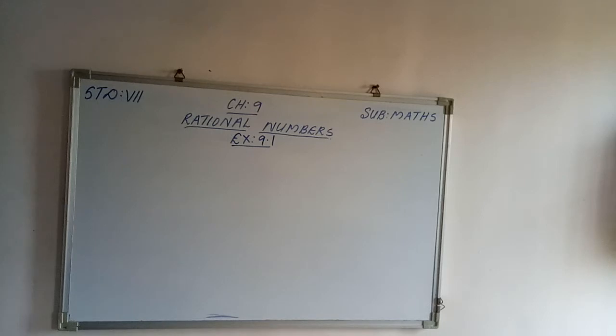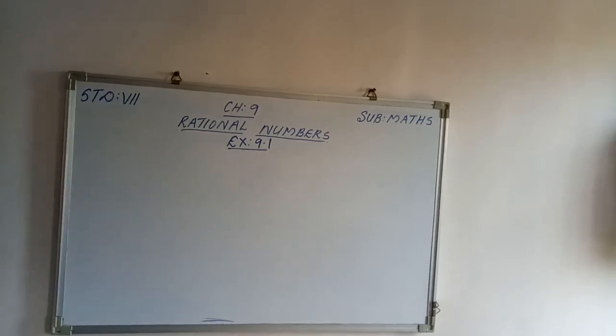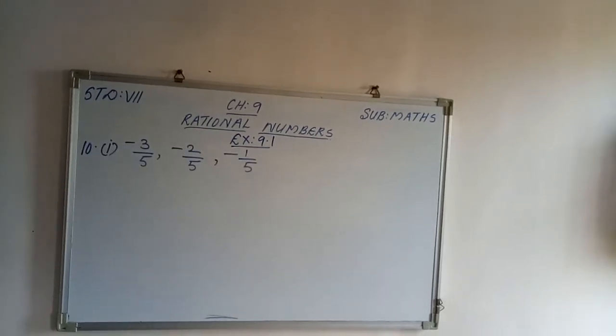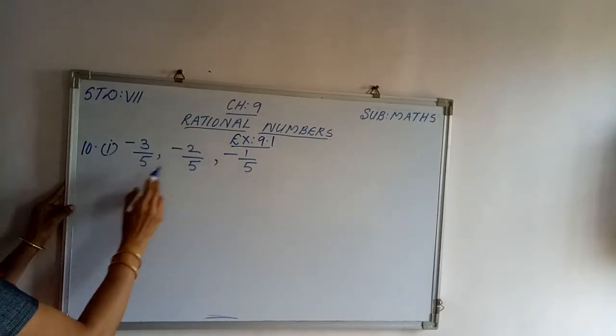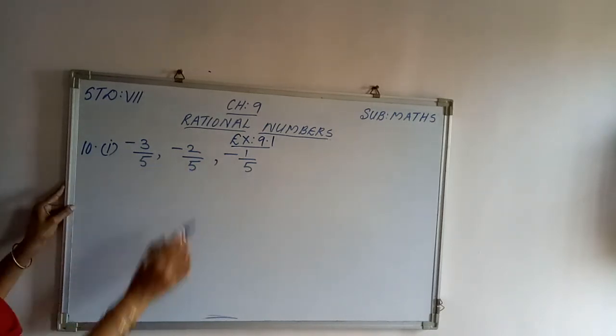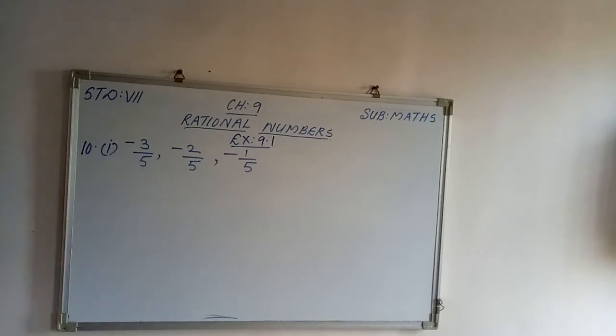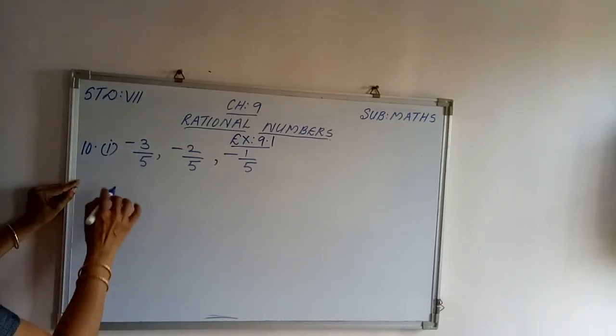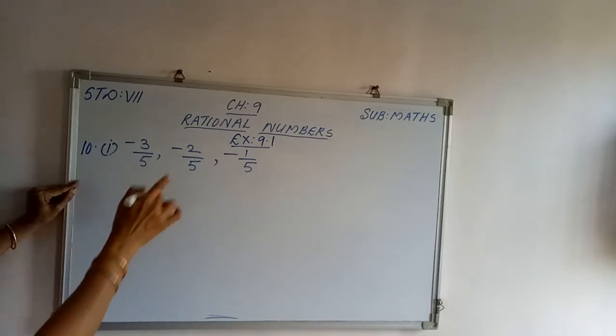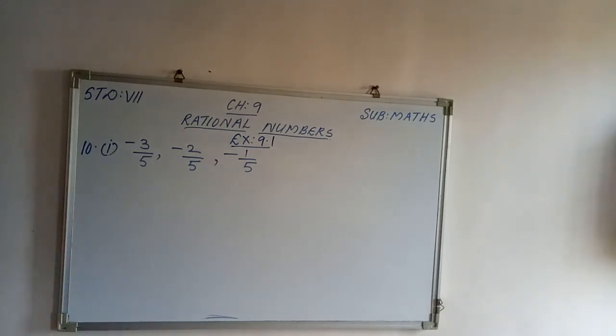So the first question. In this question, see, denominators are the same: 5, 5, 5. So as the denominators are same, it is easy to compare the rational numbers. Just compare the numerators. Here, which is greater, that is minus 1, then minus 2, then minus 3.